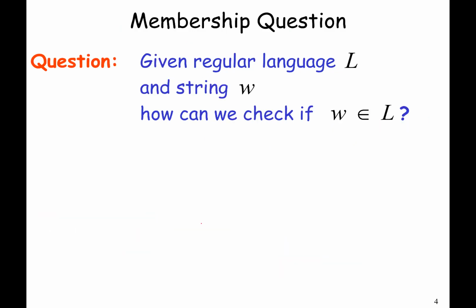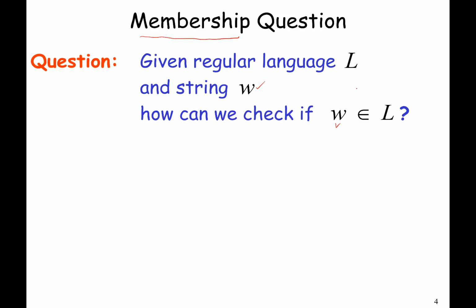A few examples. Let's say, given a regular language L and a string W, does the string belong to L? This is often referred to as a membership question. Does any given string W belong to the language L?